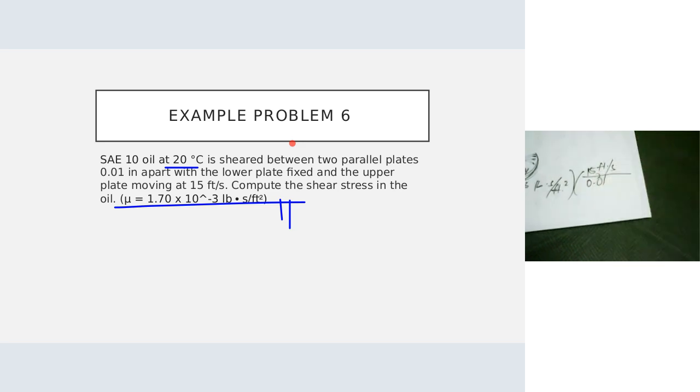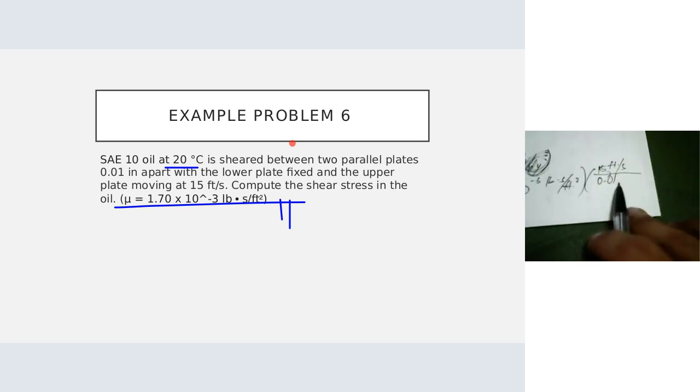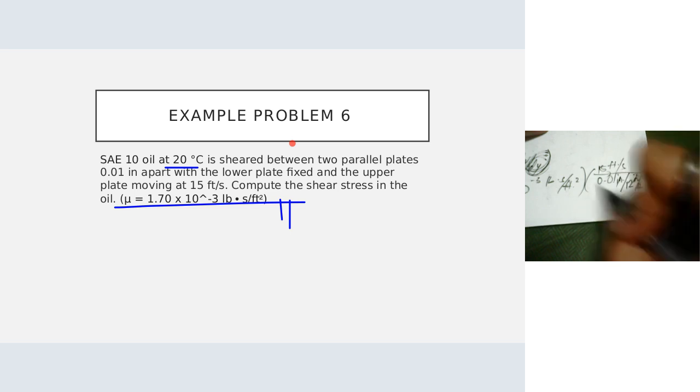0.01, we just have to convert this to feet. So 0.01 inch, divide this by 12 inch per foot. Cancel yung inch, magiging foot yung denominator mo.